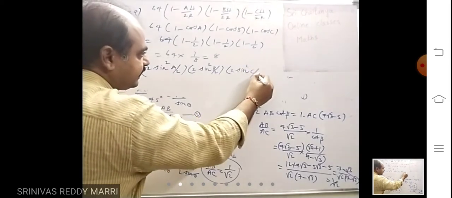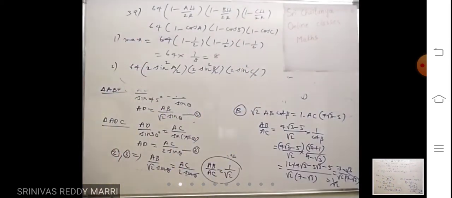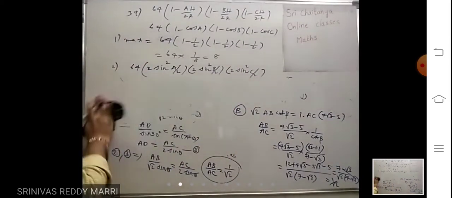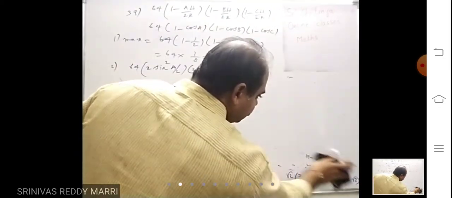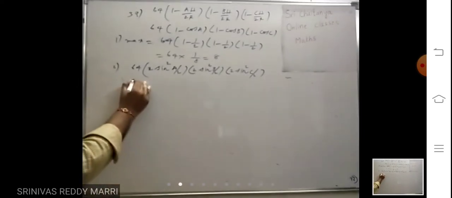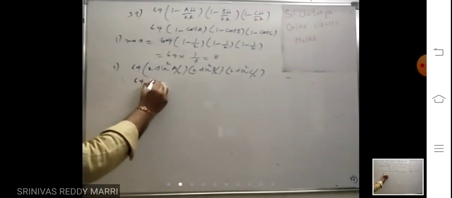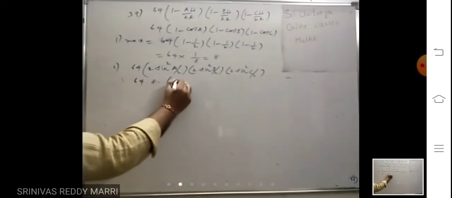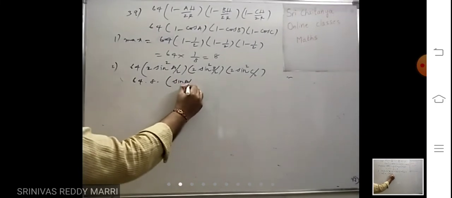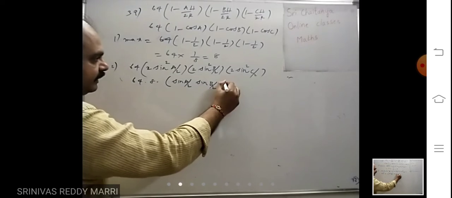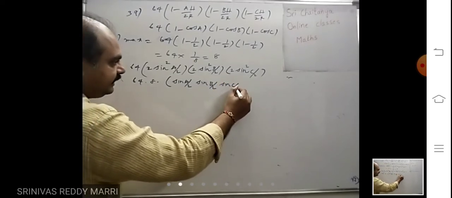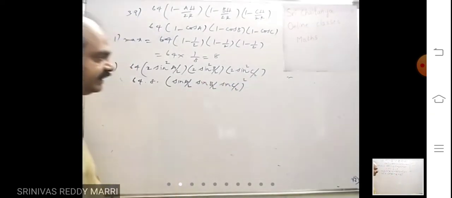This method also you can do. So that means 64 into 8 into sine A by 2 sine B by 2 sine C by 2 whole square, that you will get.